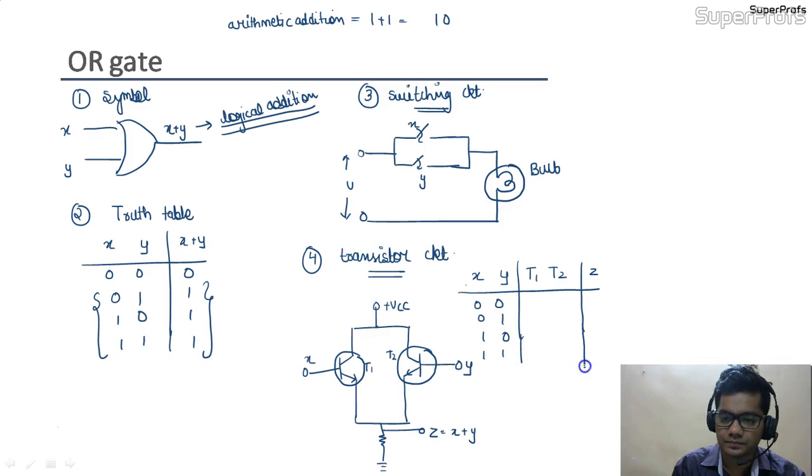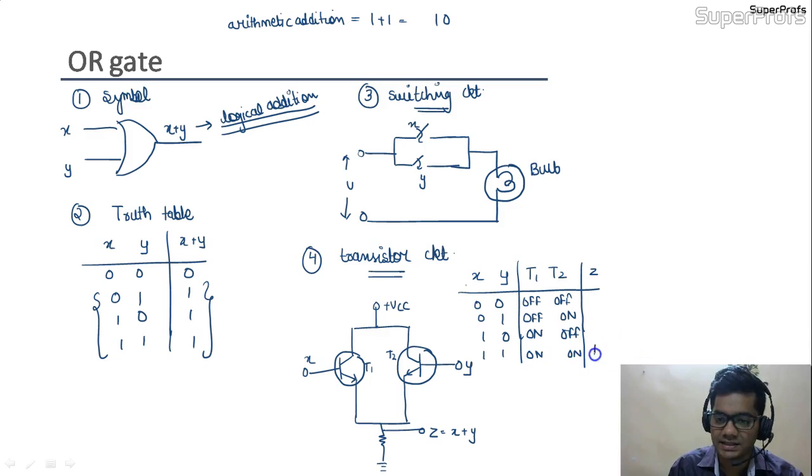Okay, so for the 0 0 condition, the T1 transistor and T2 transistor would be off, and for 0 1, T1 would be off and T2 would be on. For 1 0, T1 would be on, T2 would be off, and for 1 1 both the transistors would be in on condition. As both the transistors would be in on condition, there would be a flow of current, and this voltage would become plus VCC, that is 1 is equal to plus VCC.